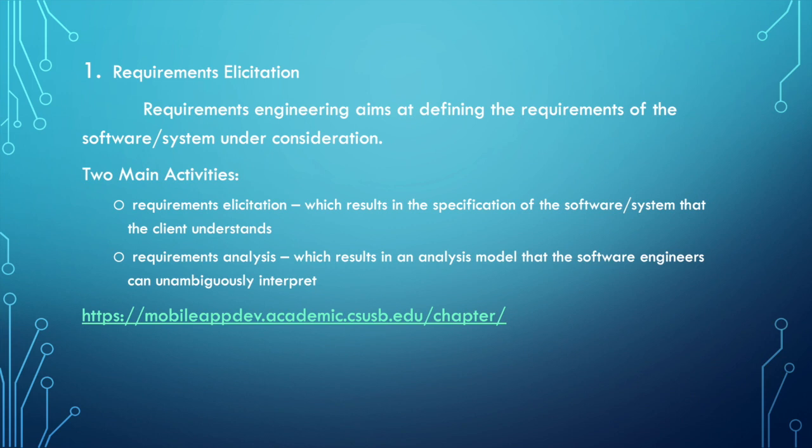And there is another activity called requirements analysis, which is the analysis of the model that the software engineers can unambiguously interpret. This will be part of the requirements analysis next week when we talk about the analysis of the requirements.